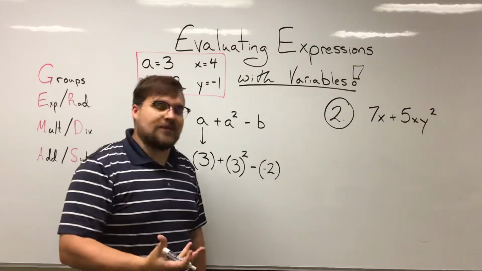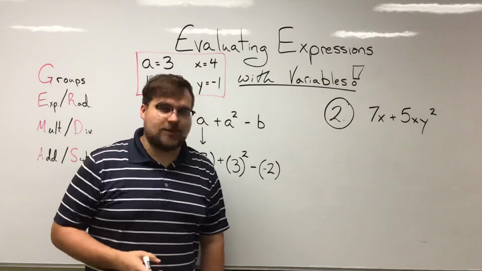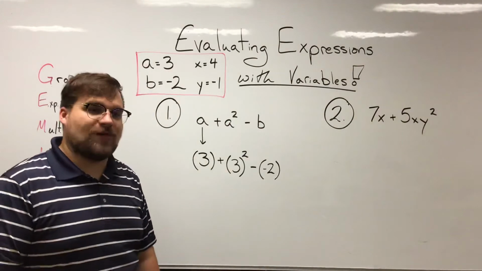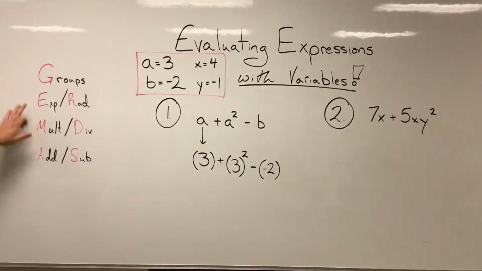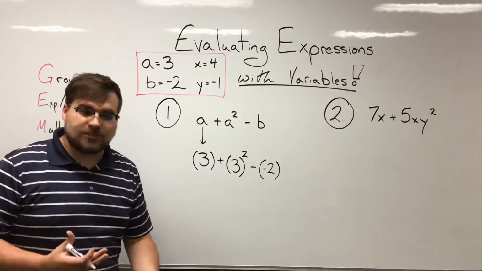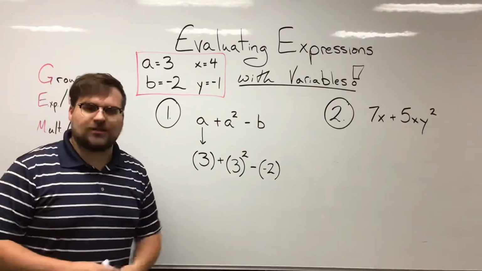Now that I have all my numbers substituted into the equation, I can look to my order of operations to go ahead and finish evaluating this. My order of operations is written right over here. We start with groups, which usually we would be looking for parentheses or brackets, absolute value, something like that.